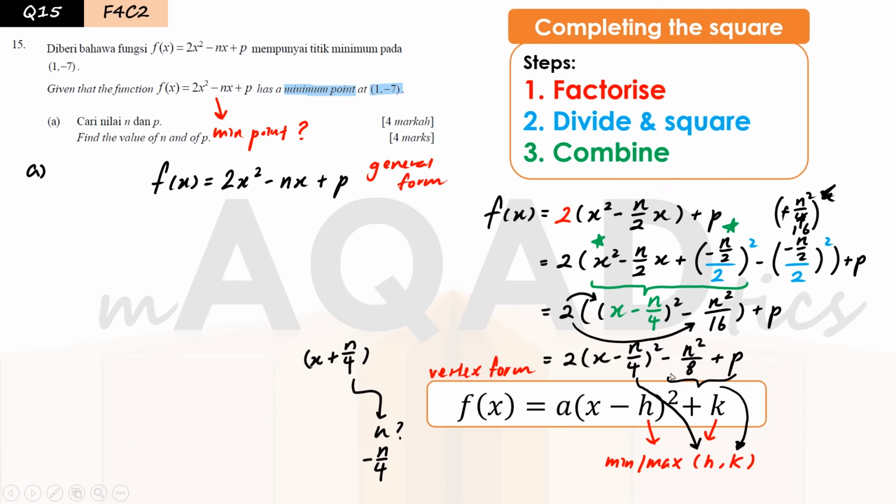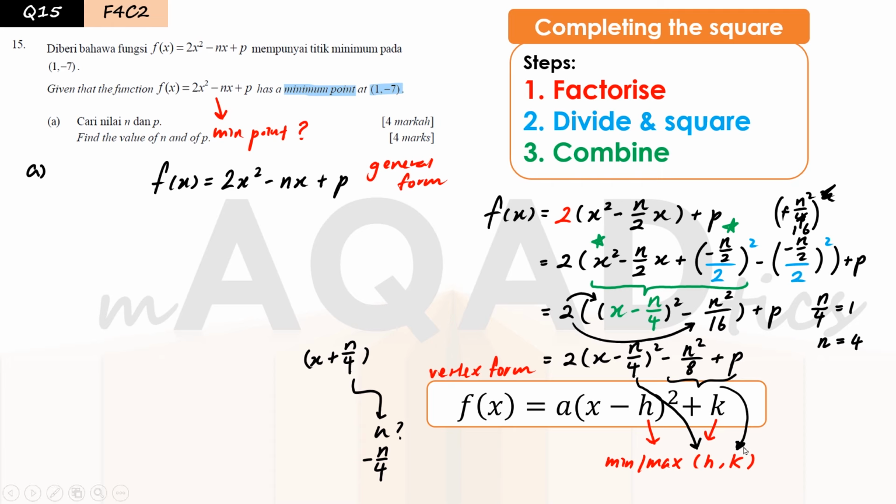Okay, so now we have the minimum point from our quadratic function already, so let us compare with the minimum point that is given here, which is 1 and negative 7. Right, so for the value of h, which is n over 4, we equal with 1. Right, so let me write here, n over 4 equals to 1, so here will be n equals to 4.